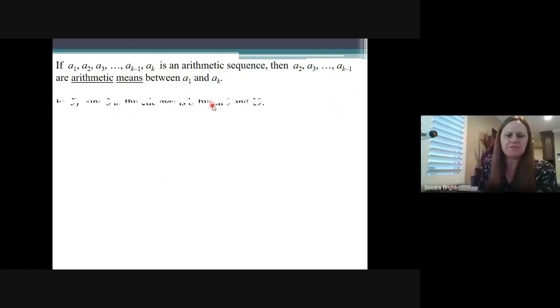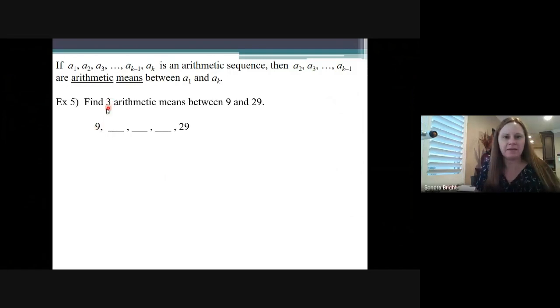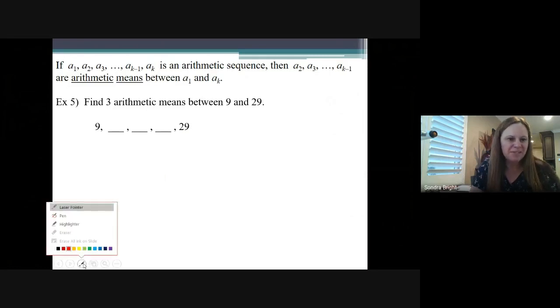So let's find 3 arithmetic means between 9 and 29. All right, so I'm going to list the two numbers they gave me, 9. If I'm finding 3 arithmetic means, I'm going to draw 3 blanks. Now, I'll show you a very streamlined way of doing this, which is totally fine, but it means you have to memorize something else. So I'm going to also show you first what I would do.